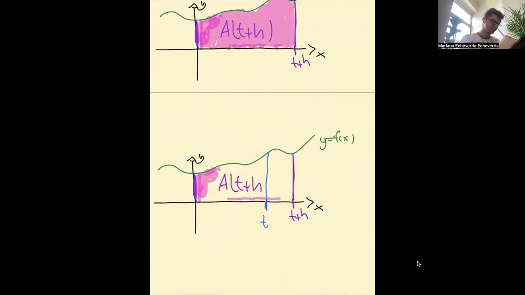So let's erase this, erase this. All right, so this is what's left of the integral. Once you take the difference between those two areas or integrals, this is what's left.